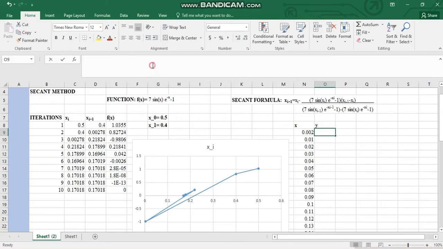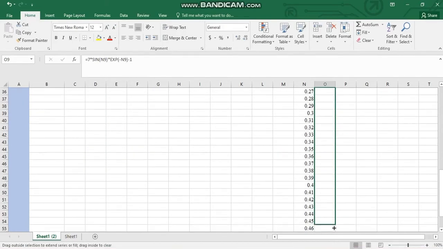In getting the y values, just substitute the x values to the given function, which is equal to 7 times sine 0.02 times exp raised to negative 0.02 minus 1, and just drag it down.